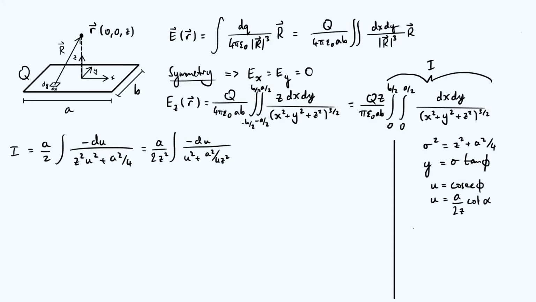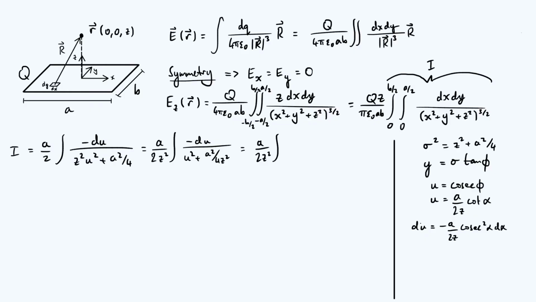Again, using standard trigonometric derivatives, we find that du is minus a over 2z times cosec squared of alpha d alpha. When we substitute all of that in, we've still got our a over 2z squared prefactor. The numerator, which is minus du, this is why this is a good substitution.